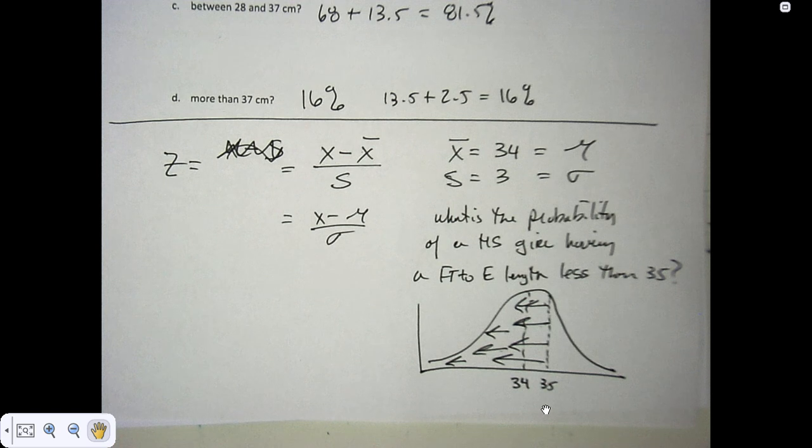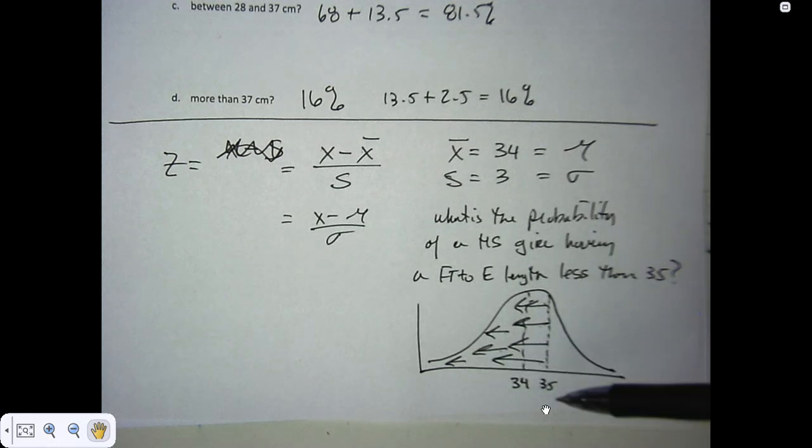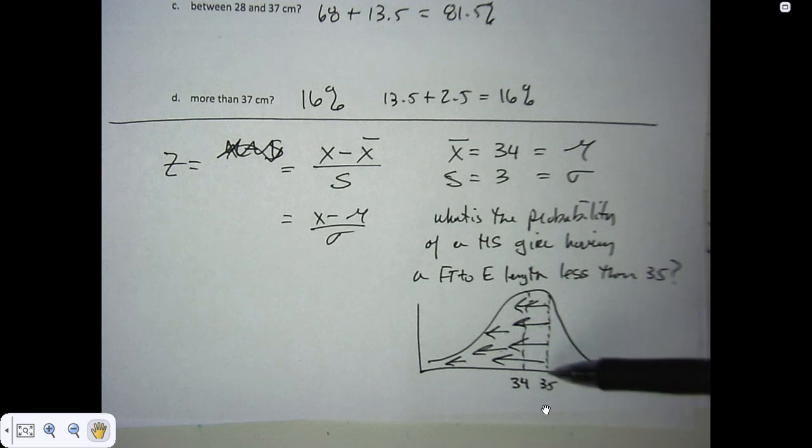I want the area to the left of 35. But I don't have a z-score. I don't know how many standard deviations 35 is compared to 34. I have no idea how much more than the mean that is. I will tell you, though, that to the left of 34 is 50%. And so to the left of 35 is going to have to be more than 50%.